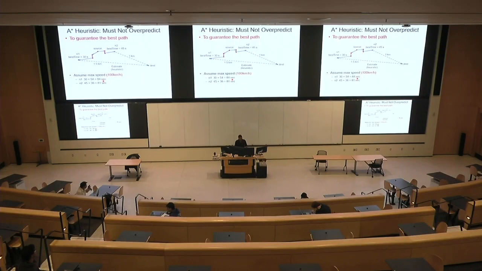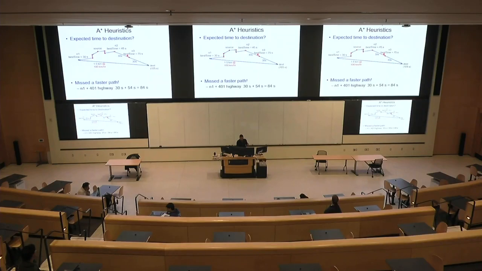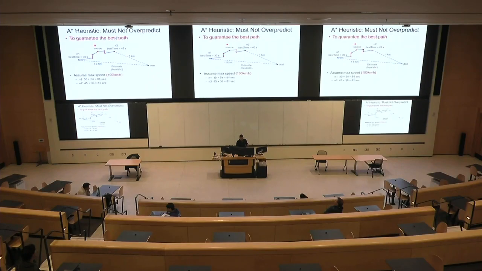But let's take it. So we take N2, and then we check N3, which is from the previous slide, N3 with N1, right? N3 is 0.5 kilometers away, and it has a 75-second best travel time right now. Because again, we find out that the actual speed limit is 60 kilometers per hour and not 100 on this portion.